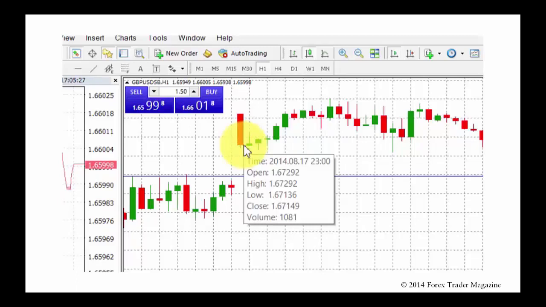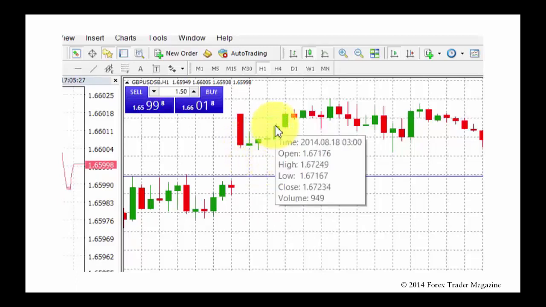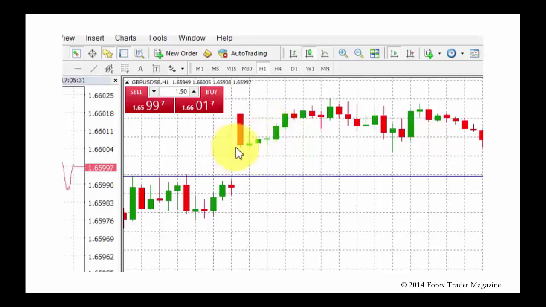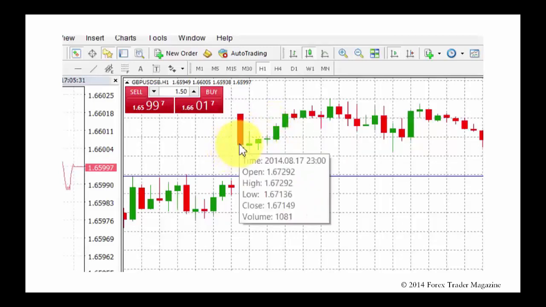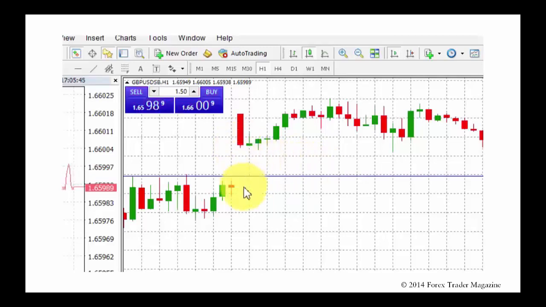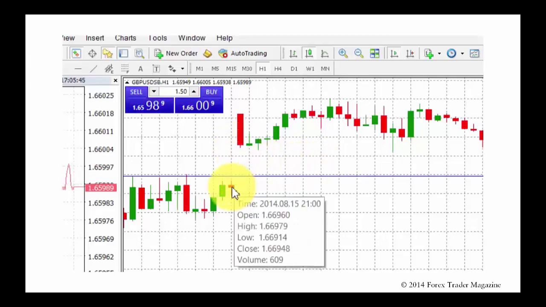On upward candlesticks, just to finish that, we need to put the cursor at the top to get the details there. So let's see, this one again, it was on the 17th of August, today's the 21st, and it occurred at the close of business. The candlestick before that was on the 15th of August, and that was at 9 o'clock, also the closing time of the market.